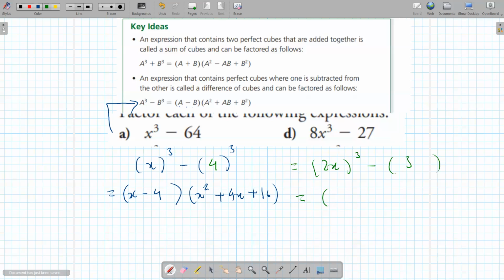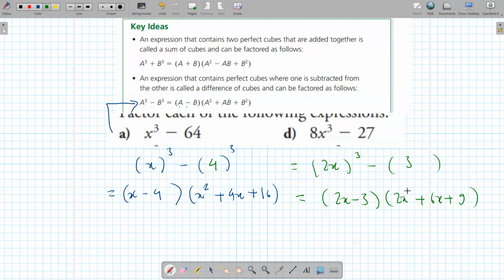What do we write? There's going to be two brackets. What goes in the first bracket? 2x minus 3. Yes. What goes in the other bracket? 2x squared plus 6x. Yeah? Plus what? 9. Plus 9.